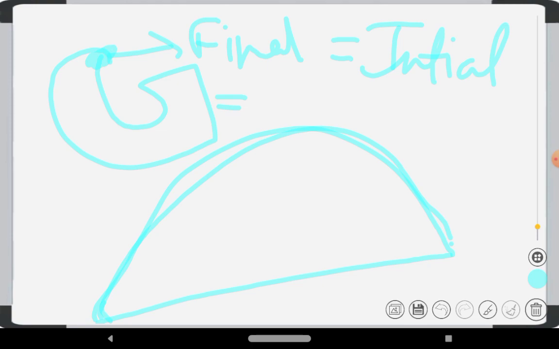If final is equal to initial, the displacement will be 0. So the answer is 0. There is one more fact: distance can't be 0, but displacement can be 0.